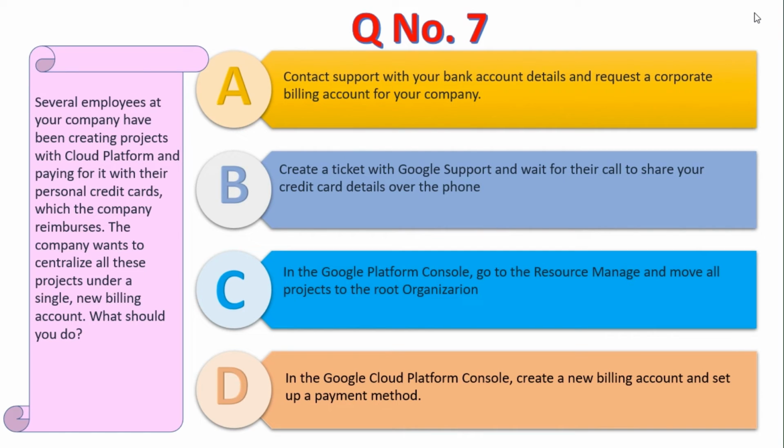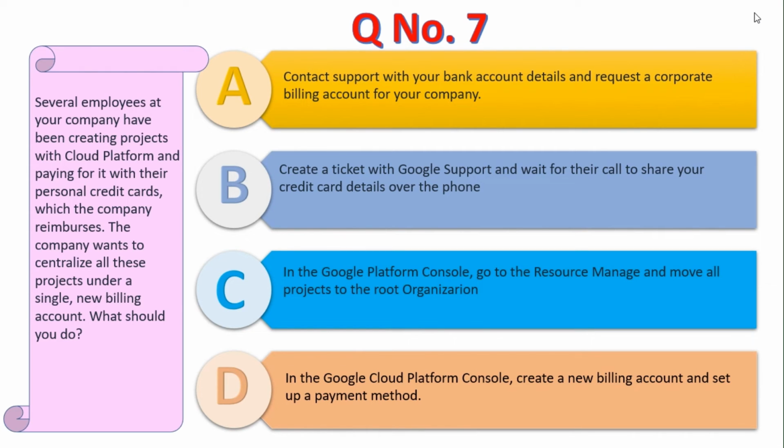Question number 7. Several employees at your company have been creating projects with Cloud Platform and paying for it with their personal credit cards, which the company reimburses. The company wants to centralize all the projects under a single new billing account. What should you do? A. Contact support with your bank details and request a corporate billing account for your company.